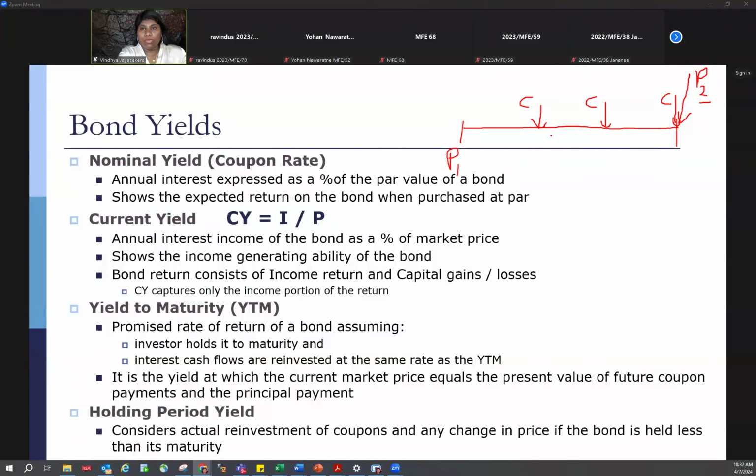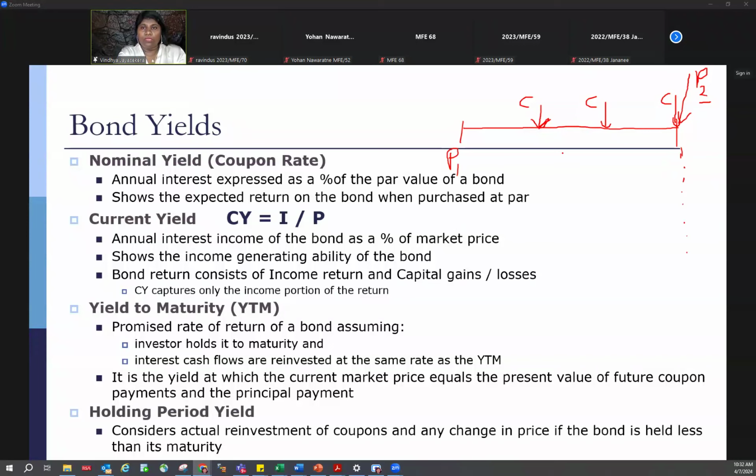For calculation purposes, it's an assumption that the coupons are reinvested, but in the actual world, we will look at the actual rate at which we reinvested the coupon, up to the end of the period.